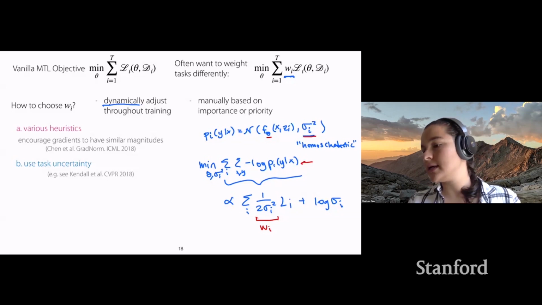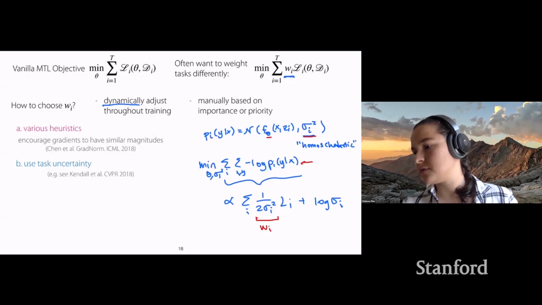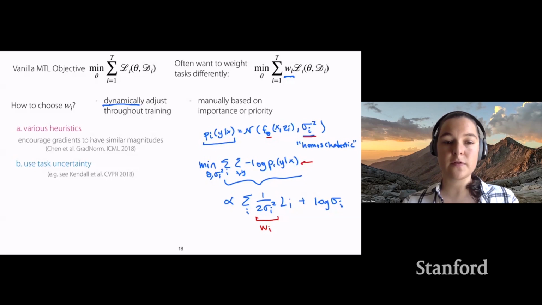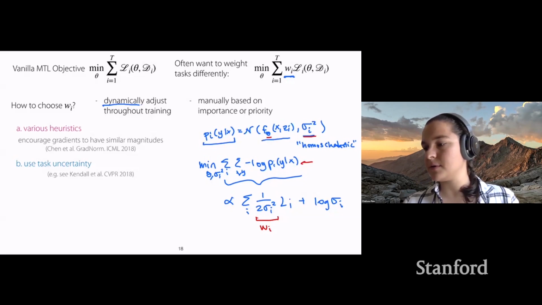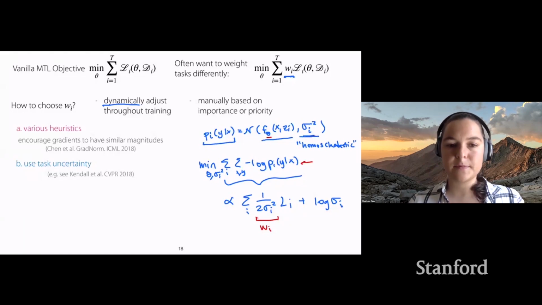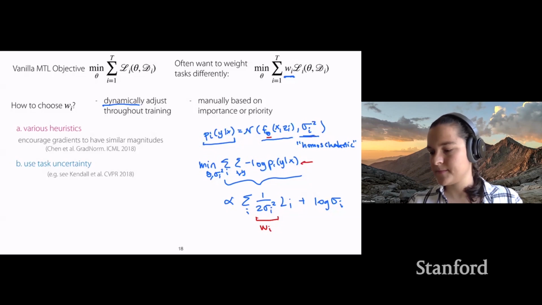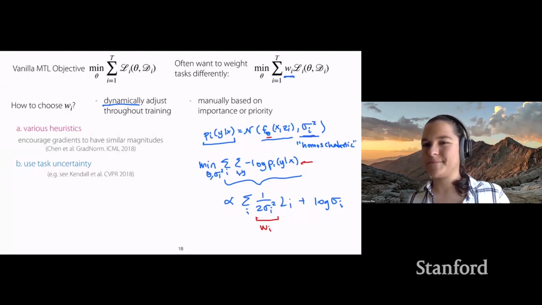It is the variance of this distribution right here. This is a distribution over the label given the input. The mean of this distribution is the output of this neural network, and the variance is given by sigma squared i. Does that make sense? I'm still kind of lost, but I don't have a more precise question to ask for now. Okay.